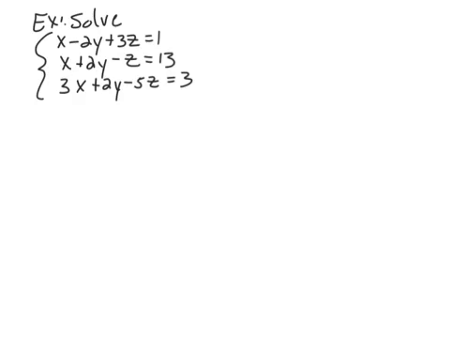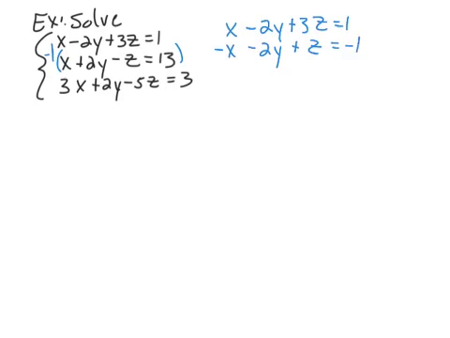So the first equation is going to remain unchanged: x minus 2y plus 3z is equal to 1. I'm going to multiply the second equation by -1. That gives me negative x minus 2y plus z is equal to negative 13. And I'm going to add them together.